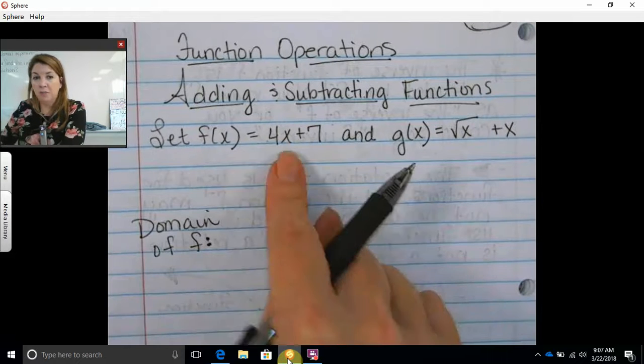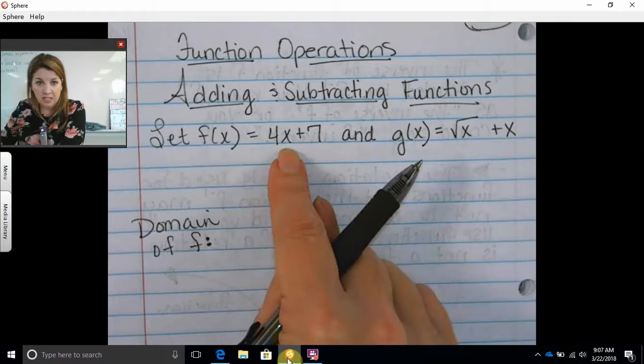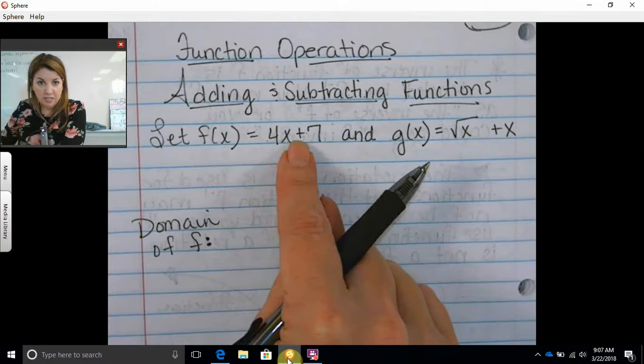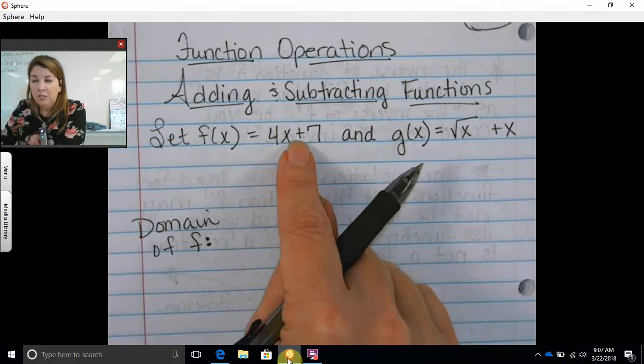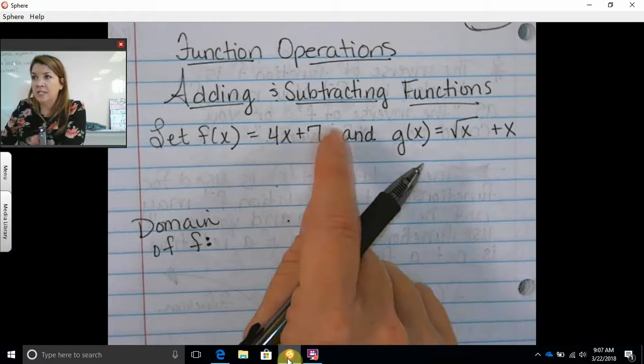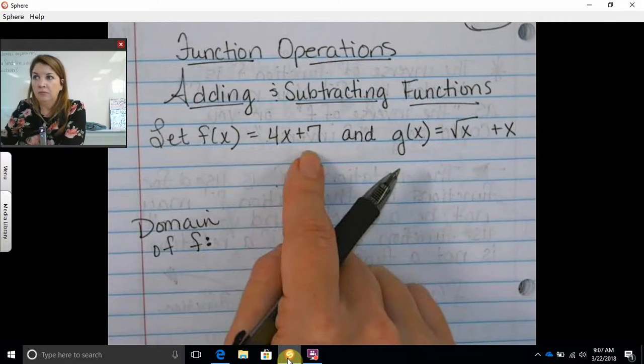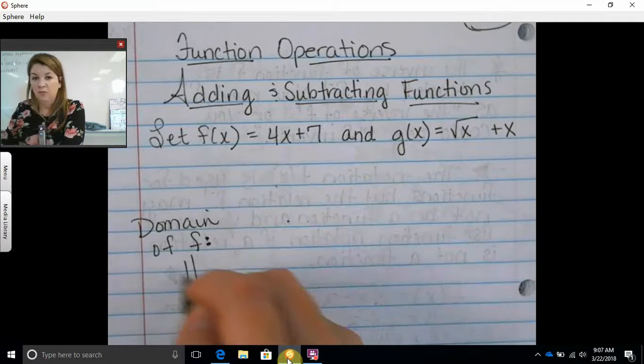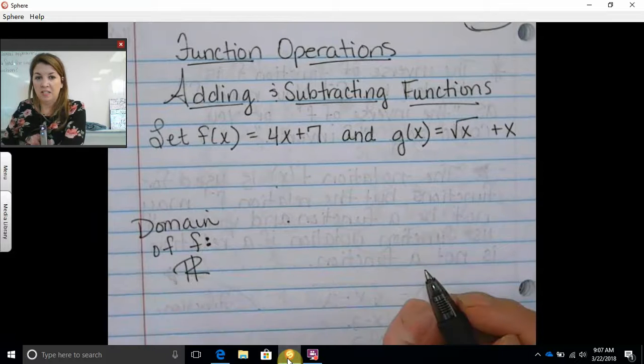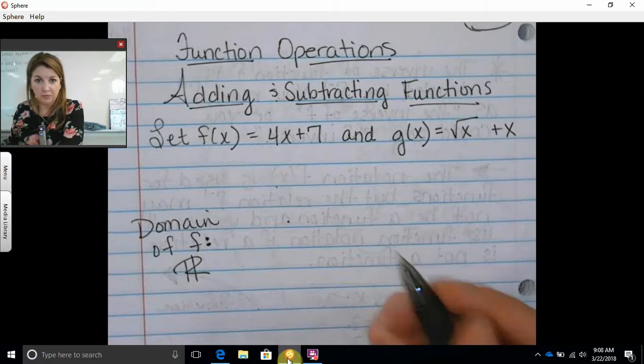Is there any real number that if I plugged it in for x, if I substituted it for x, could I not multiply by 4 and add 7 and get a real number? Any number that I couldn't substitute in? No. So what do you think my domain would be? All real numbers. Remember, you can write it with that little fancy double R looking thing.